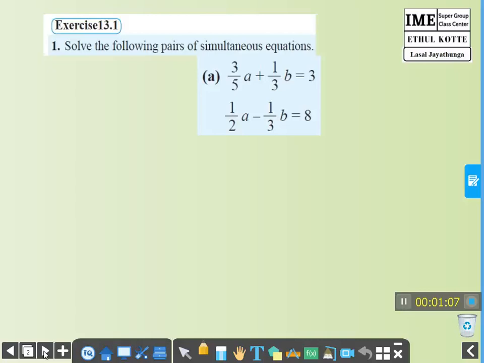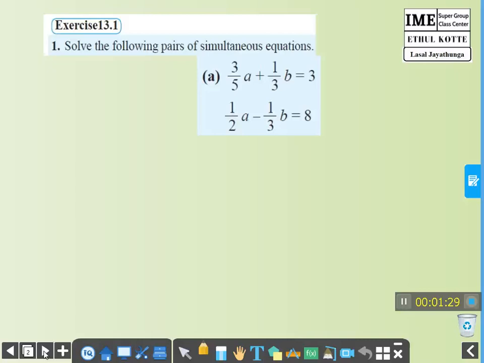Then find out which one has the same coefficients. Yes, for b you can find the same coefficient, 1 upon 3, 1 upon 3. In the first equation it is plus 1 upon 3. In the second equation minus 1 upon 3b.